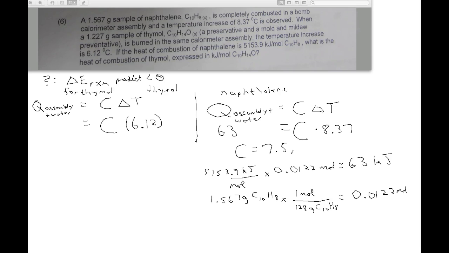Okay, good. We'll just call that 7.5. Yeah, so what was capital C? 7.5 kilojoules. Those units are not correct. It's 7.5 kilojoules per degree Celsius, right? Yeah, that's right. A second ago you just said kilojoules, but it should be kilojoules per degree Celsius.